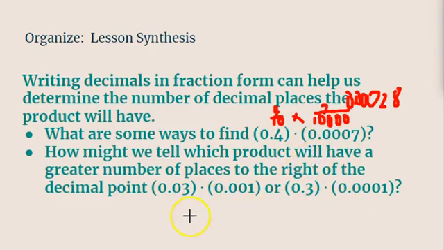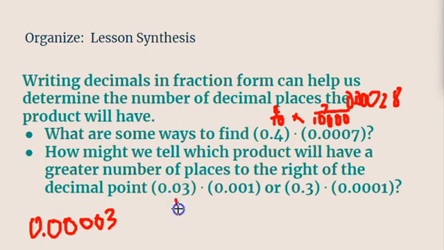What about here? Which of these is going to have more places to the right? The 300ths times 1,000th or 3/10 times 10,000ths? They actually are both going to have the same, right? Because both of them are going to have 3. We've got 1, 2, 3, 4, 5 places to the right here. We've got 1, 2, 3, 4, 5 places to the right here. So actually, even though we've moved things around, we're going to get 300,000ths.